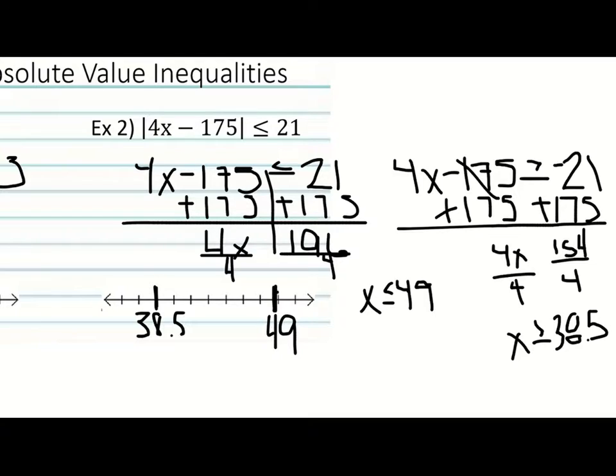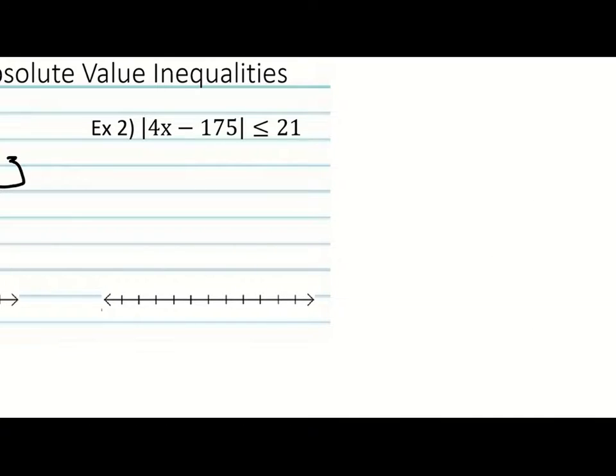This one, both of them would have the closed circles. And then we want to shade, so we are less than 49 but greater than 38.5. So it's going to be right in between these two numbers. So like solving an equation, but you also have to graph your answer.